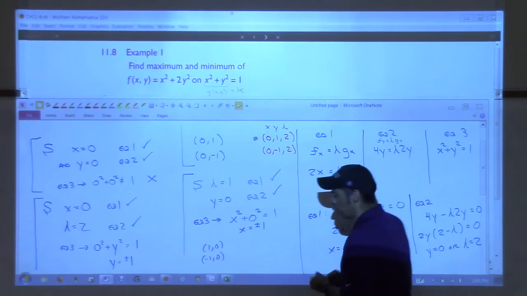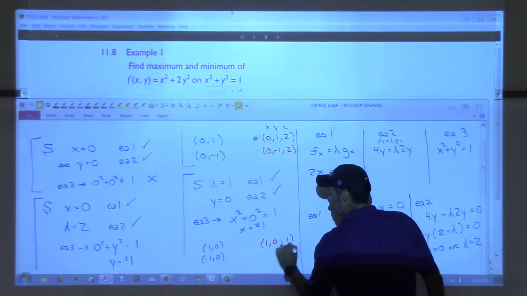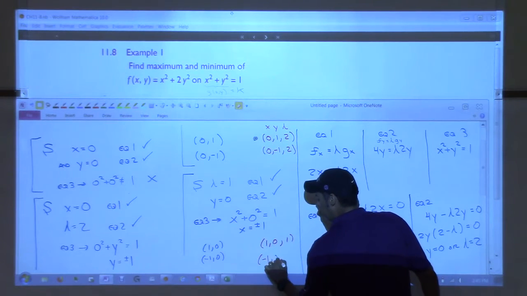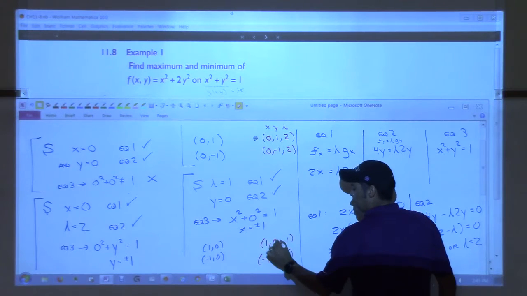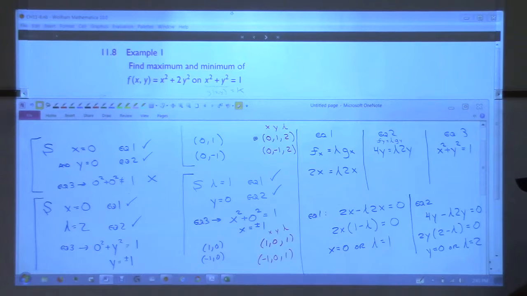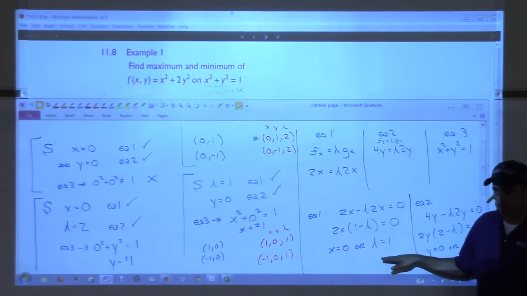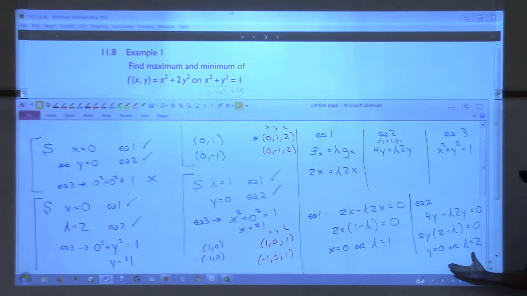In terms of a triple, including lambda, we have this. Okay, so that's x, y, lambda. All right, so we've looked at these two, right? Okay. What about these two?